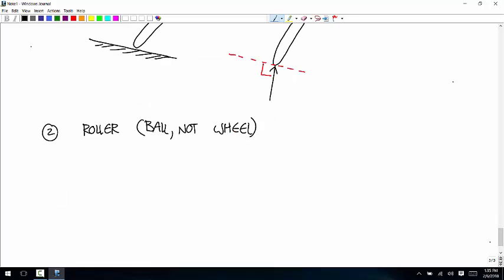Okay, so there's the surface. And then I'm talking about like a ball, something like that. This is a sphere.